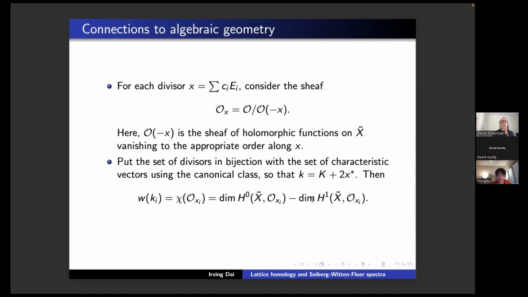There are natural maps between H0 and H1 associated to different sheaves. So these numbers that come out are dimensions of vector spaces, or at least dimensions of formal differences of vector spaces, and these vector spaces have maps between each other as I vary the characteristic vector or divisor in question. So the construction of the lattice homotopy type can be interpreted in terms of this algebraic geometry, the study of these holomorphic Euler characteristics of this complex structure on this plumbing.